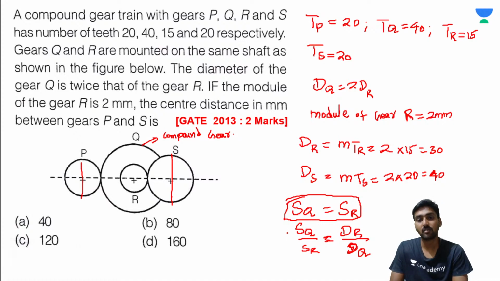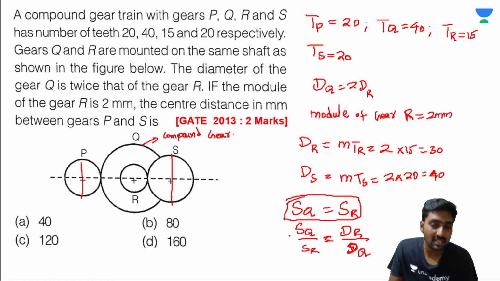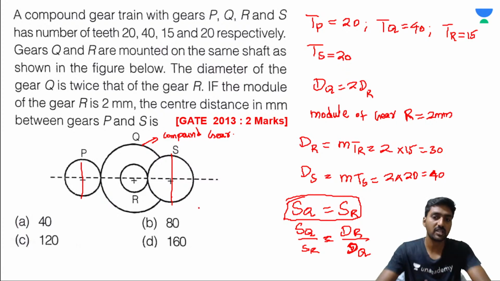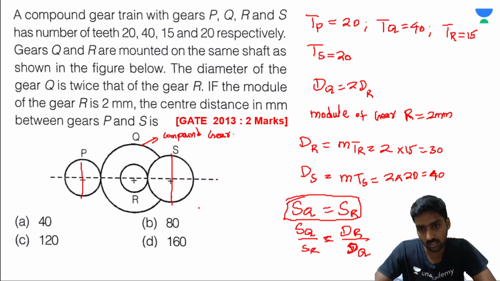The diameter we have calculated, DR plus DQ. The module of the mating gears is the same, but the speeds are different, right? Here Q and R are different. Speed SQ is equal to SR, that is DR divided by DQ.